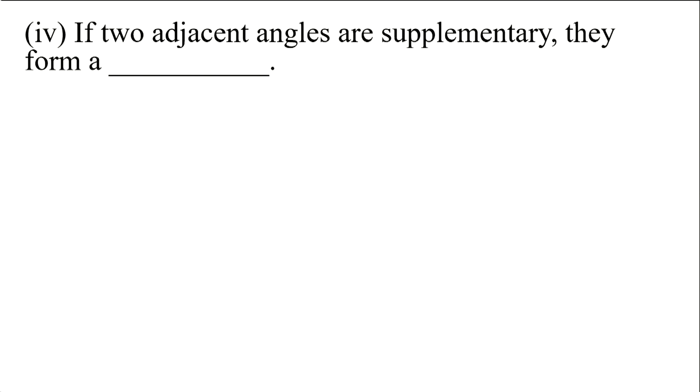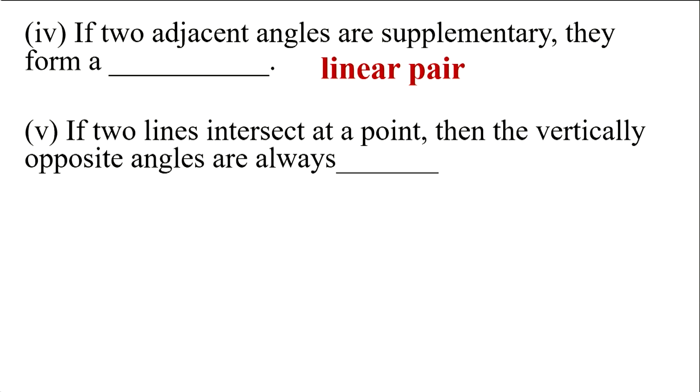Now, come to the fourth question. If two adjacent angles are supplementary, they form a what? Yes, you are right, linear pair. Then, if two lines intersect at a point, then vertically opposite angles are always what? They are equal or not? Yes, you are exactly correct, they are always equal.